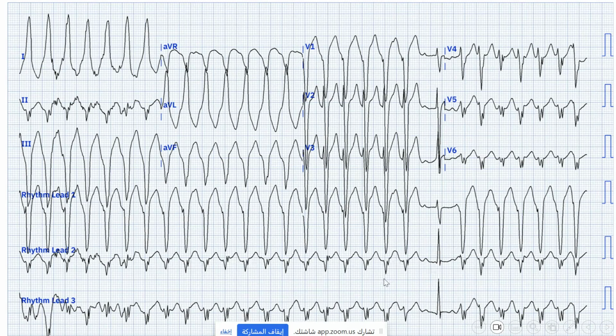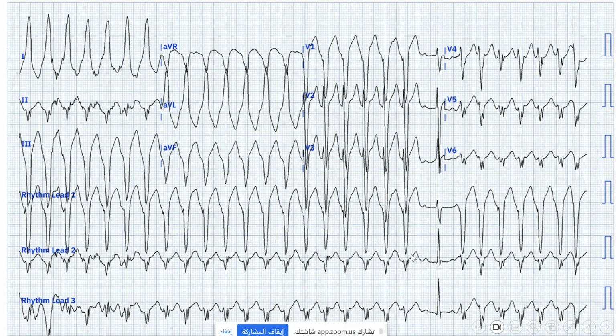If you continue looking at the rhythm strip, you will find some narrow complex beats preceded by a P wave and then conducted through the normal conduction system. So this is called a capture beat. And if you look at the beat prior to the capture beat, it differs from the other beats.